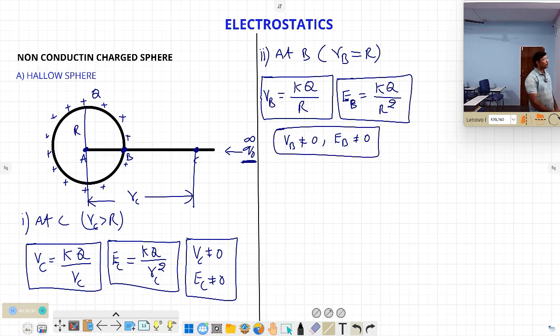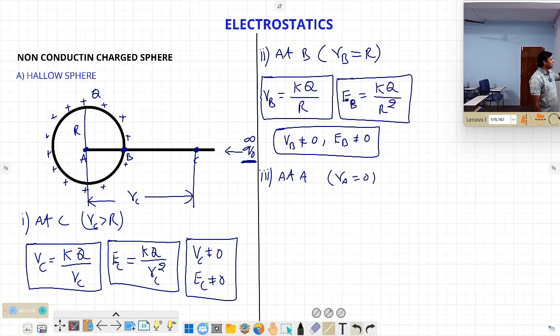Next, if we go to the third case, where is it? That is at the center of the sphere. This is a hollow sphere, so at A point, the distance of A is the center of the hollow sphere. You know that in any hollow sphere, either conducting or non-conducting charged, the electric field inside is always 0.